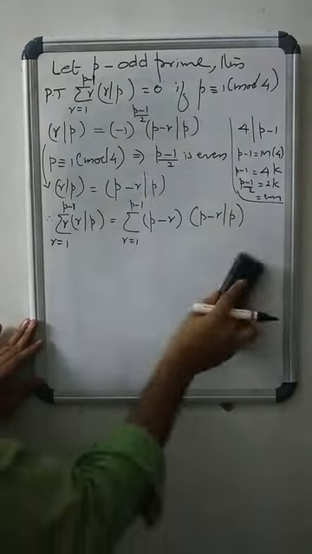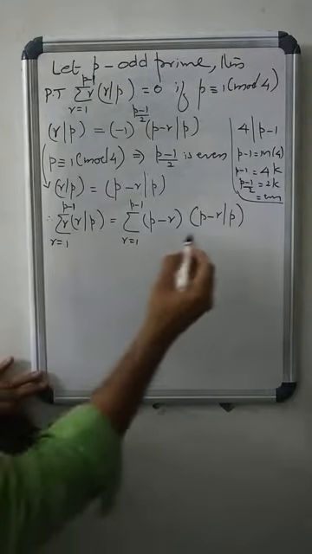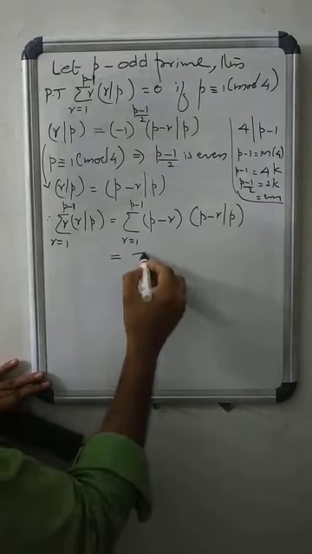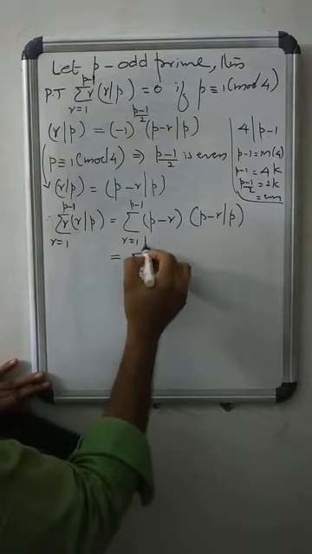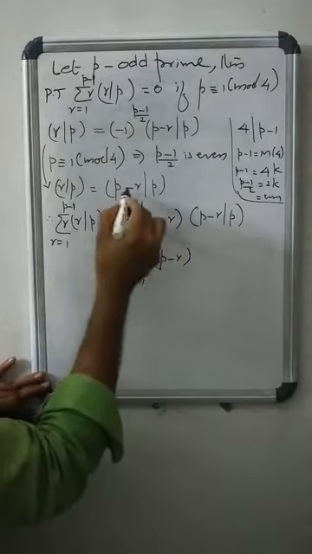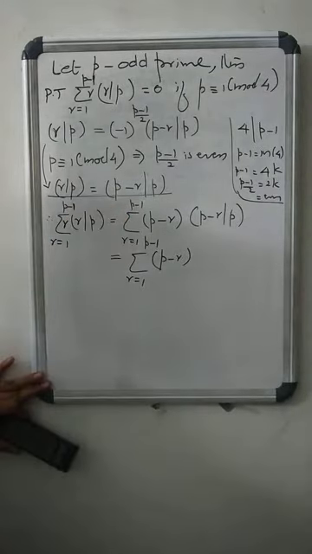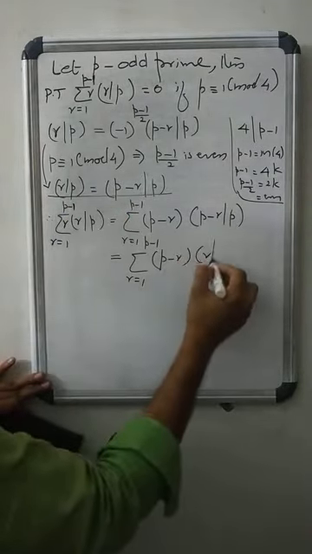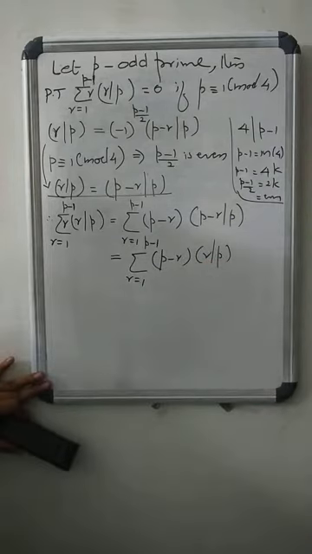So it is sigma r ranges from 1 to p minus 1, (p minus r) into ((p minus r) by p). That is sigma r ranges from 1 to p minus 1, (p minus r) into, what is (p minus r) by p? From here, (p minus r) by p is nothing but minus (r by p).